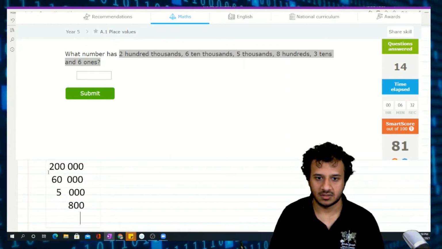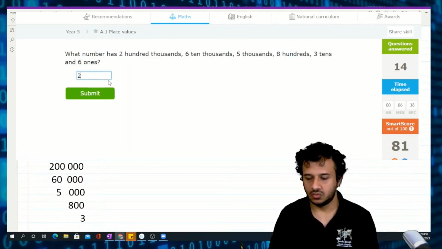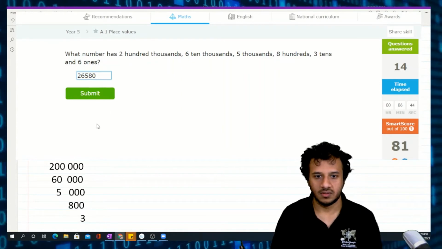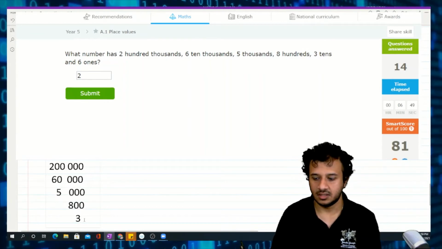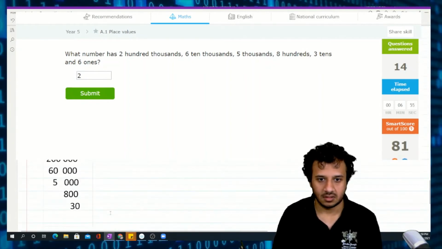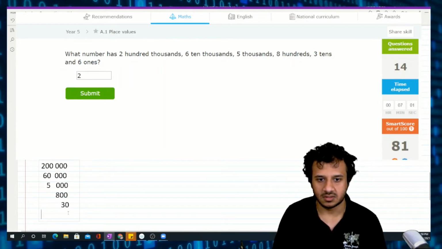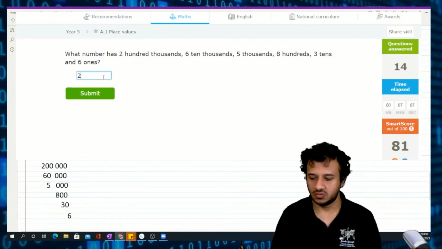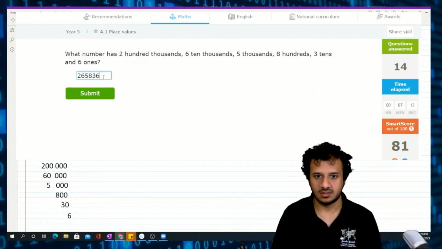Oh, wait, not 3. It's 3 tens. So 3 tens are 30. And another 6 ones. So we have to add them all up. That will be 265,836.